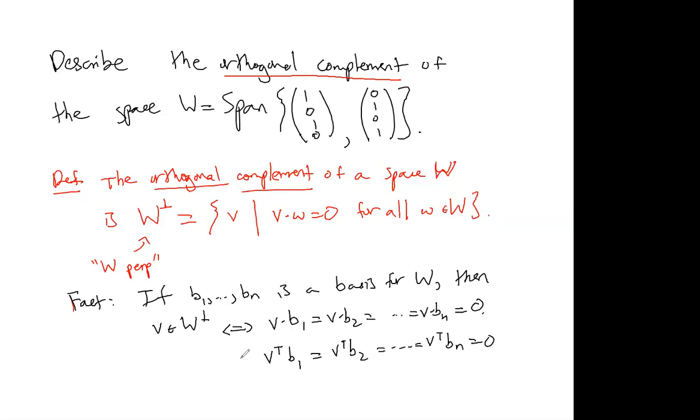We can write this all in matrix form: V transpose times the matrix whose columns are B1 through Bn equals 0.